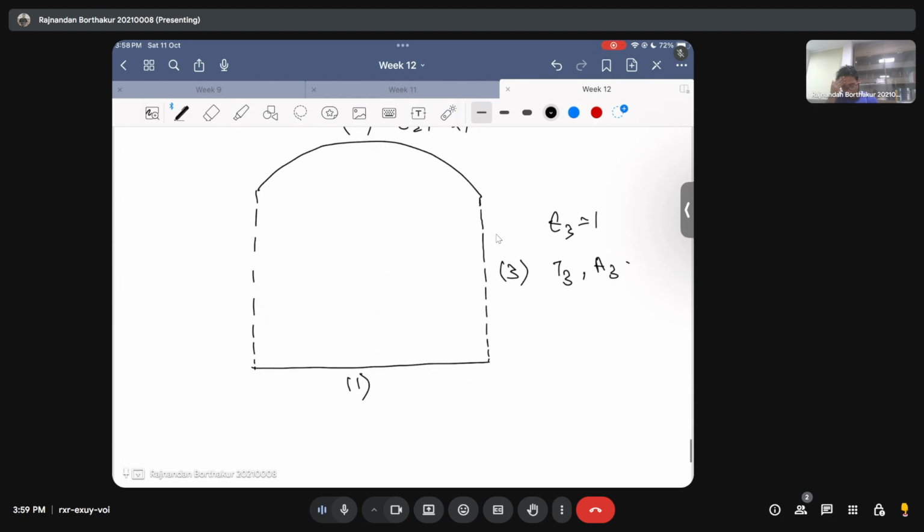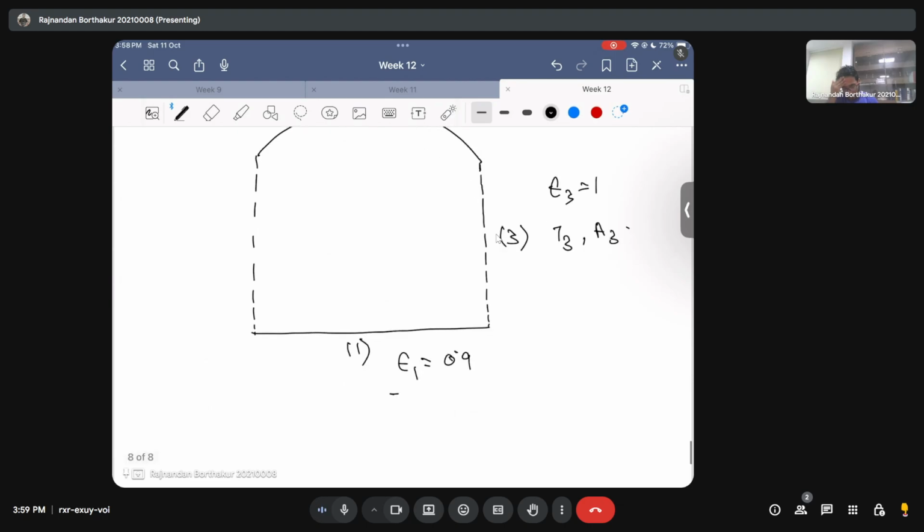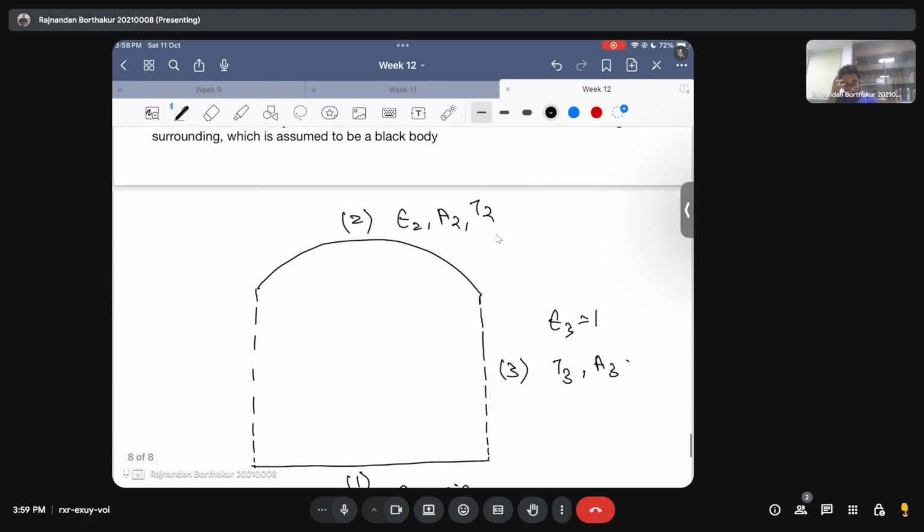And for the heater, we know that its emissivity is given as 0.1, temperature as T1, and area as A1. Now it is given that the length of the heater and the absorber is given, which means that the length is going to be in a direction perpendicular to the plane that we are drawing.